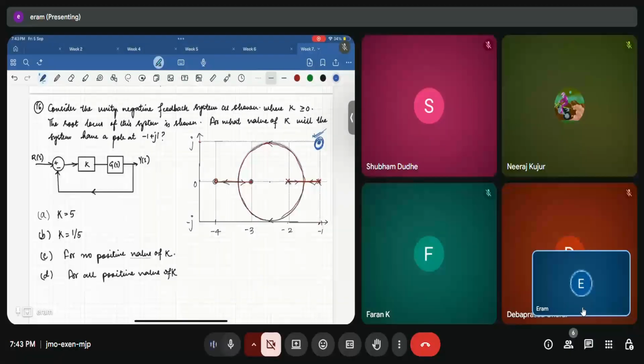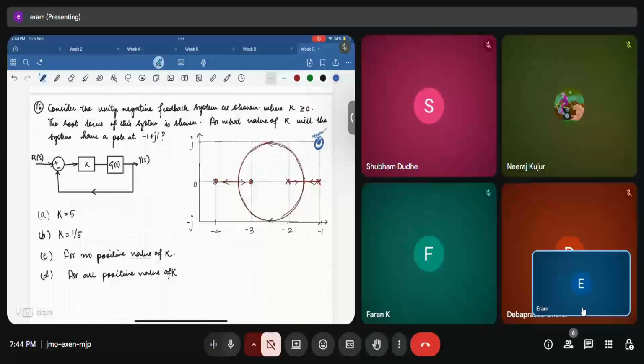The question is asking, if we are varying k, then is it possible that for some value of k, this -1 plus j point will be the pole of this closed loop system? So the answer lies in the definition only. The root locus is already drawn, which is the locus of the closed loop poles with respect to gain k.